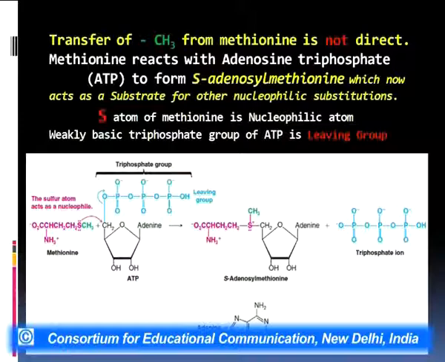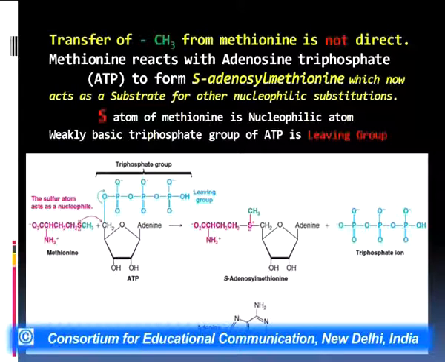How does this methionine work? Methionine reacts with adenosine triphosphate, which is ATP, in our body. In this, ATP acts as a substrate and methionine acts as a nucleophile through sulfur. And here, the triphosphate group is the leaving group because it is the conjugate base of a strong acid.